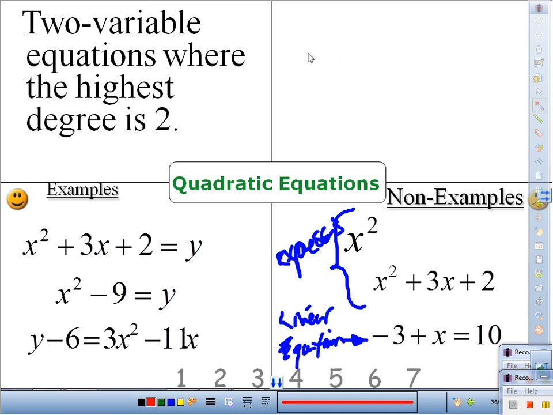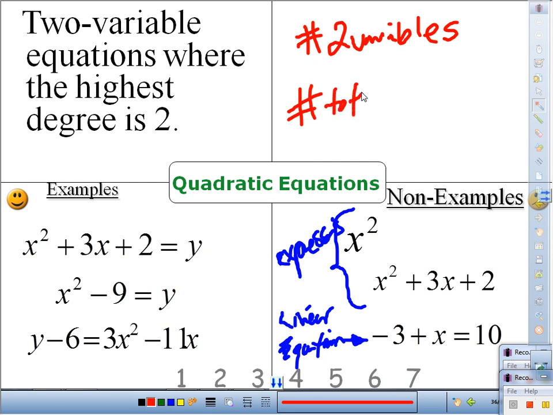Anyways, come up with a couple of hashtags. What makes quadratic equations quadratic equations? Keep it to yourself for right now. Write at least 2 of them. Hashtag what, Cooper? 2 variables. Pass it to someone. Andrew? To the second degree.